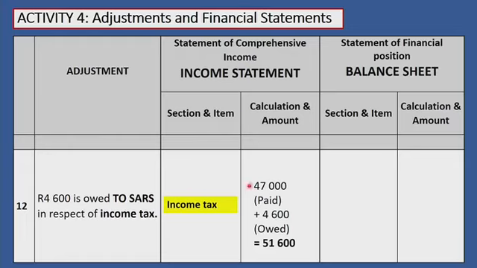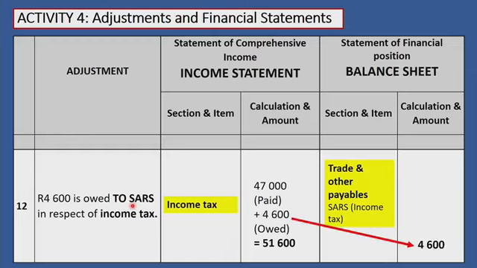And if it says owed to, then what I paid isn't enough. So I owe another amount, and there's your answer. 51,600 is the expense. And of course, where would we put owed to? It would go as a payable, which is I owe SARS another 4,600 rand.